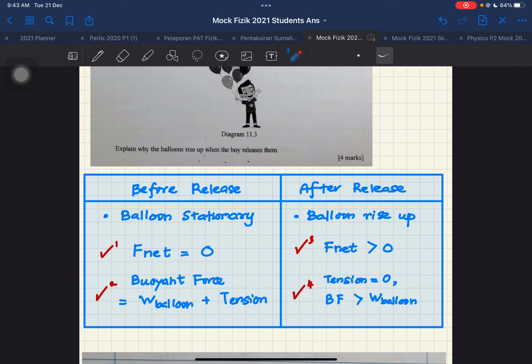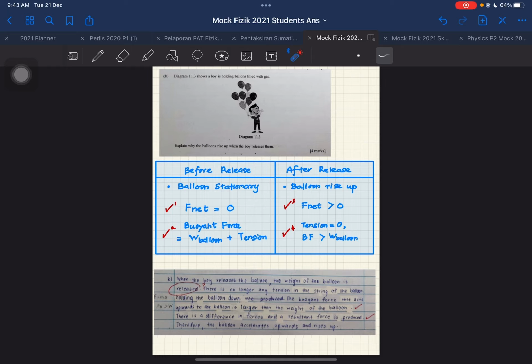And then mark number 3, when the balloon is released, the balloon rises up. So when the balloon rises up, it means that the net force is more than 0. There is a net force acting. So that will be tick number 3. And then tick number 4, since the balloon rises up, it means that the buoyant force will be greater compared to the weight of the balloon. Okay, this is how you get 4 marks.